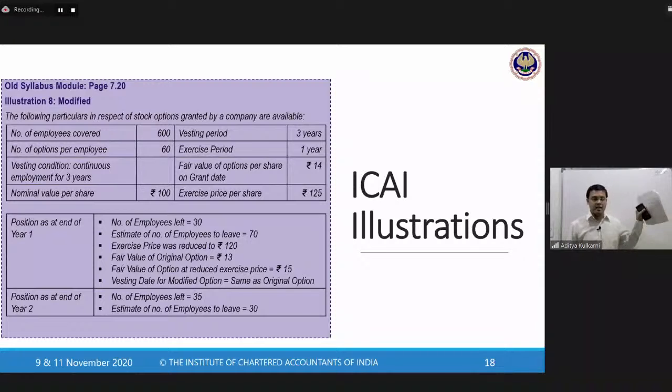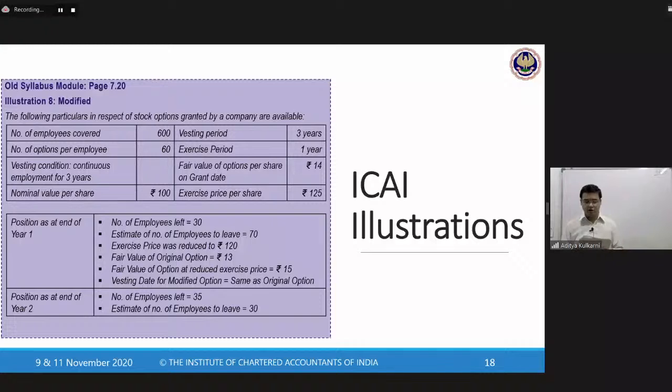The fair value of your original option came down from 14 to 13. You want to encourage your employees to buy the shares, so you reduced the exercise price. By virtue of that reduction in exercise price, your value has gone up to 15 rupees.